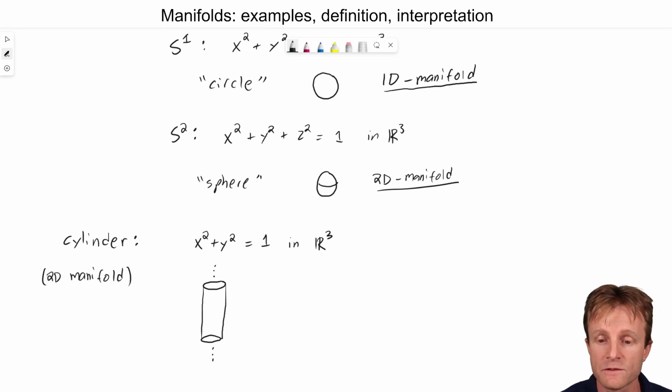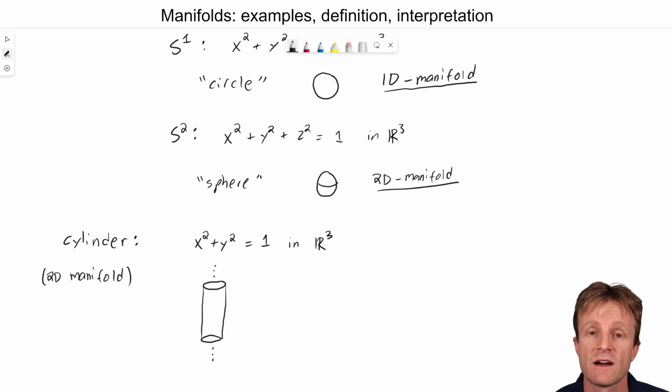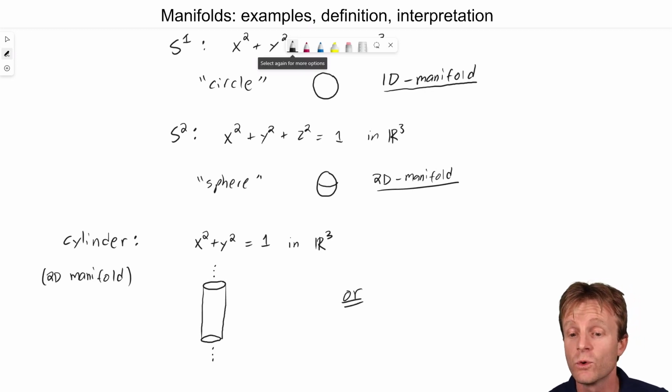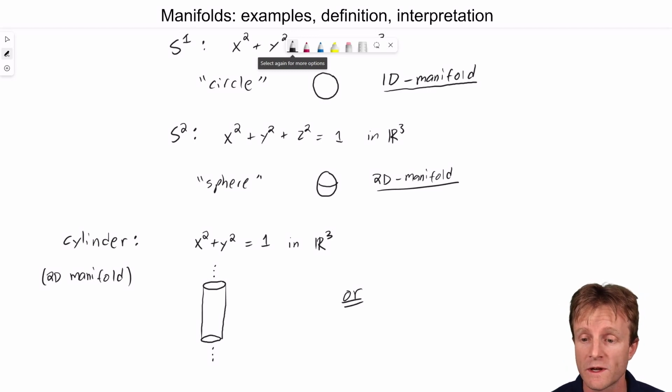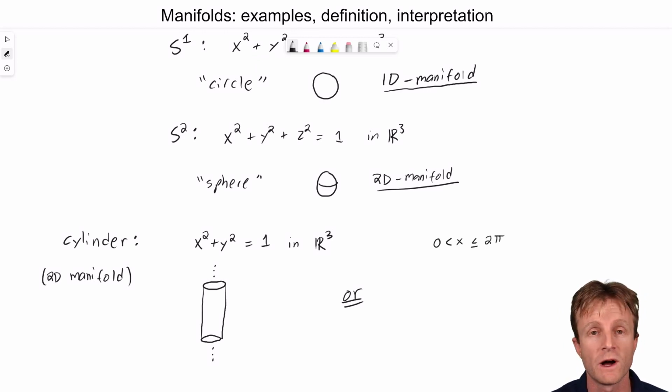The nice thing about this one as an example is I don't have to define it with reference to an embedding in R3. I don't have to think of the cylinder as living in some higher dimensional space. I can equivalently define it as the points in R2 where x lies between 0 and 2 pi, and I just say that 0 and 2 pi are the same point on my manifold, which is why I picked only one of them to include in the range of x.